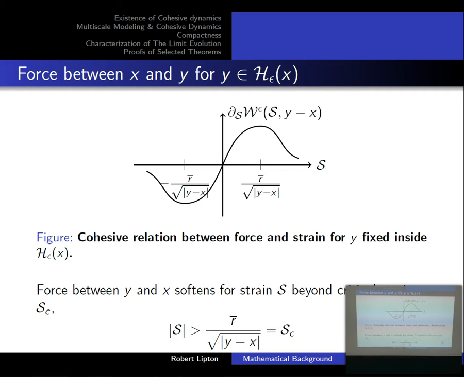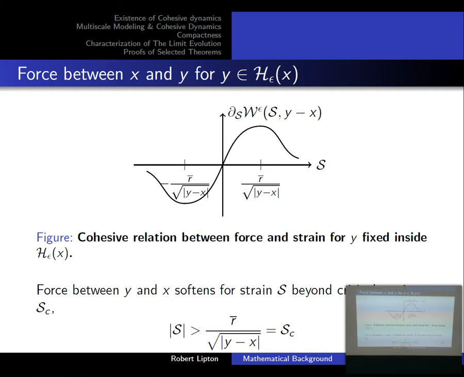So imagine something that you take and it resists for a while, and then it begins to yield. That's what's going on here. And for each y and x pair, we have this law. And again, like I said before, we soften once this absolute value of the strain, here and here, gets bigger than this value, goes more negative here or more positive here.